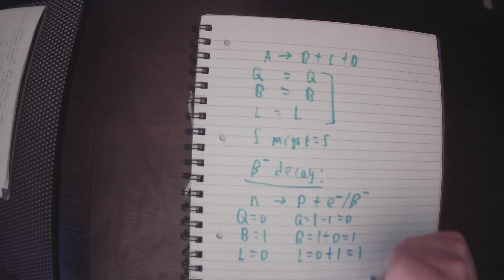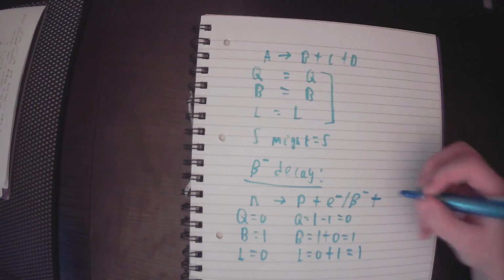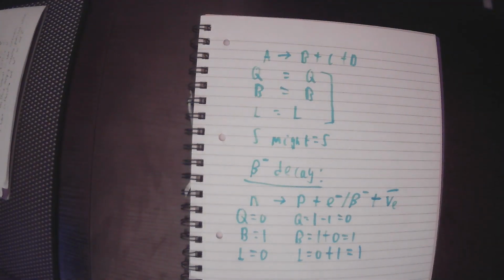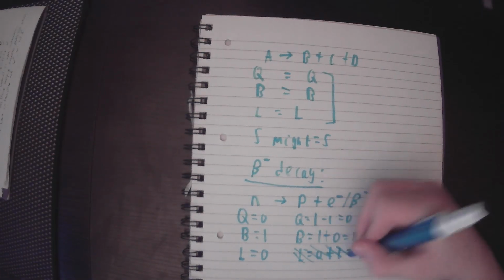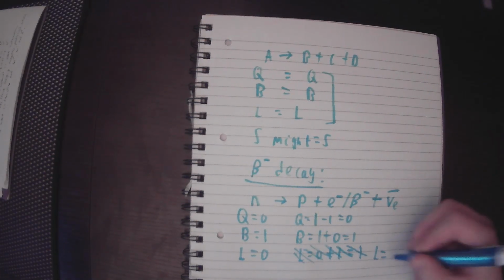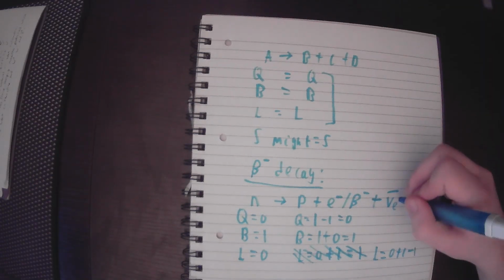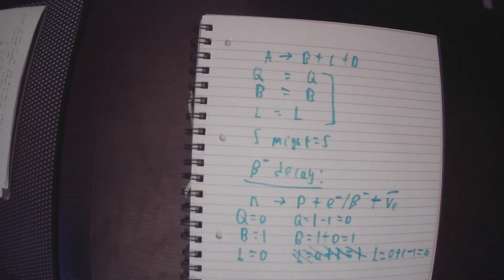But we need to take away one lepton number. And we're going to do that by adding an electron antineutrino. Because what that's going to do is change this to L equals 0 plus 1 minus 1. That has a negative 1 lepton number because it's anti, and that makes it 0. And phew, we're saved. Physics hasn't been broken.